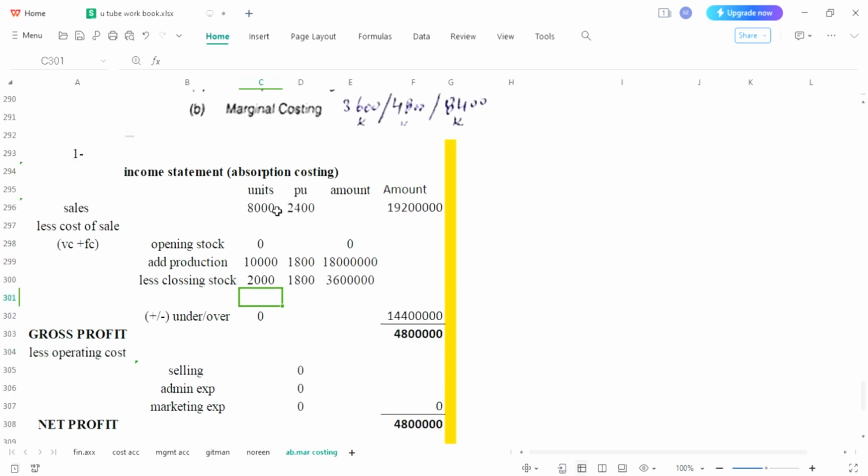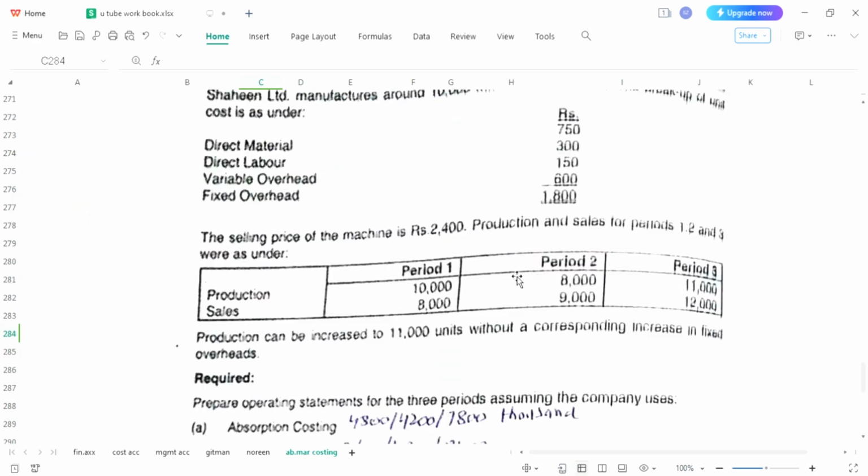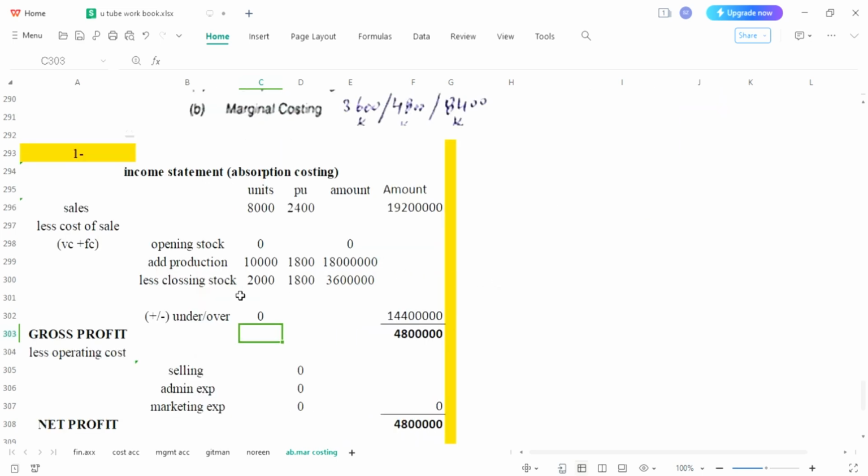Please look here. This is the first part. We are highlighting it. In the first part, your closing stock was 2000 units. So please pay attention here. Whatever is closing stock of the previous period, since these are time periods, not different companies, the closing stock of the previous production time would be the opening stock of the next production time.